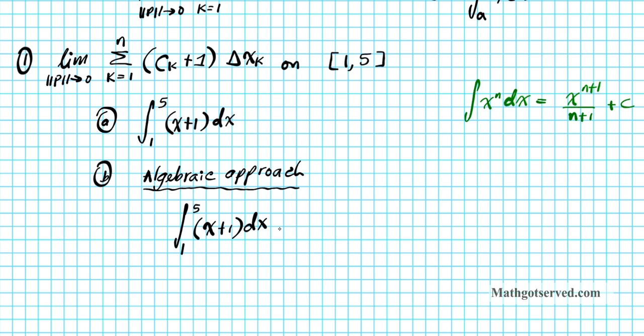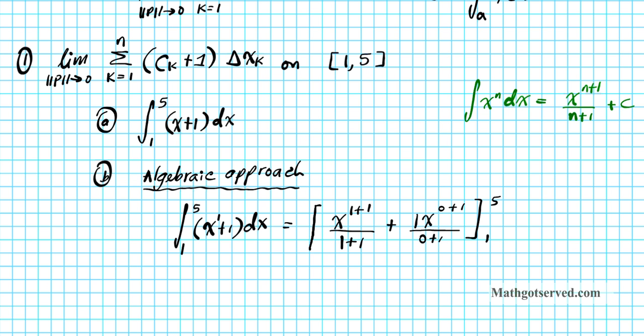So this is going to become x to the 1 plus 1 over 1 plus 1. And then plus, this one will simply have x to the 0 plus 1 over 0 plus 1. And that will be evaluated from 1 to 5.